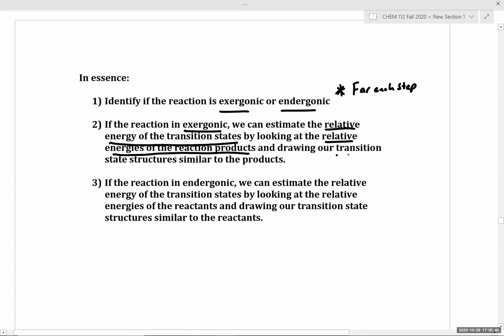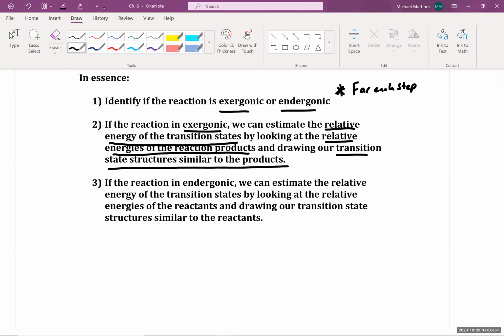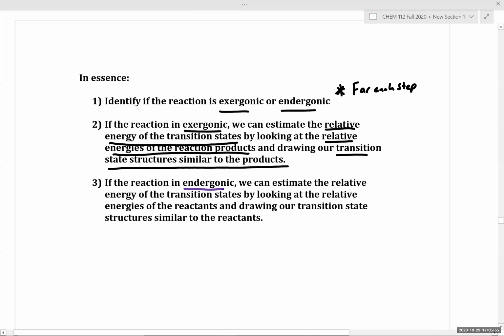The transition state structures will be similar to our products. If the reaction happens to be endergonic, we can estimate the relative energy of our transition states by looking at the relative energies of the reactants and drawing our transition state structures relative to the reactants.